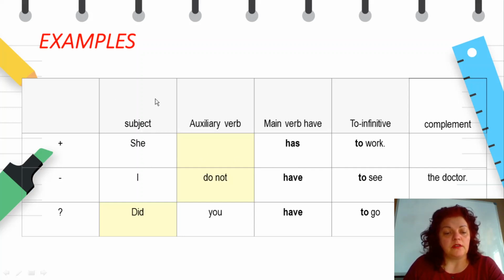She is the subject, the auxiliary verb is omitted, the main verb have, which is here has, and the to infinitive, to work. In negative sentences, I do not have to see the doctor. When we create interrogative sentences, the auxiliary verb did goes first, then the subject you, main verb have, to go to school. Did you have to go to school?